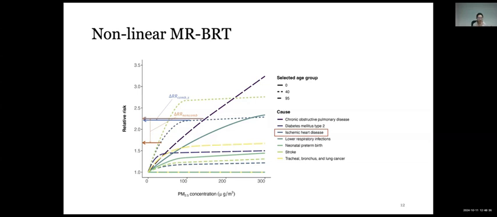These variations illustrate the complicated relationship between PM concentration and the relative risks for the exposed population.